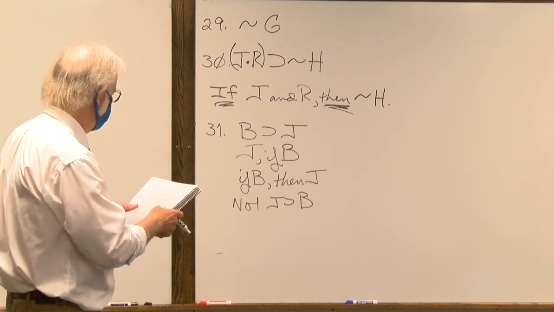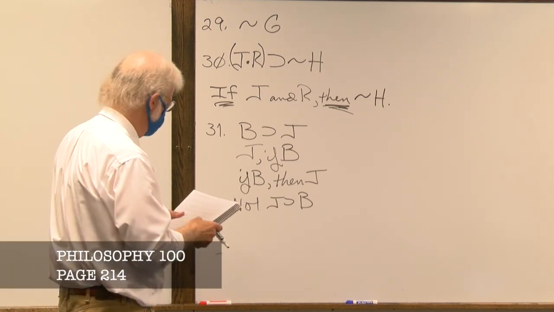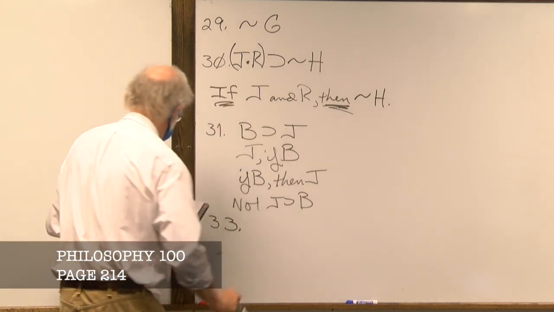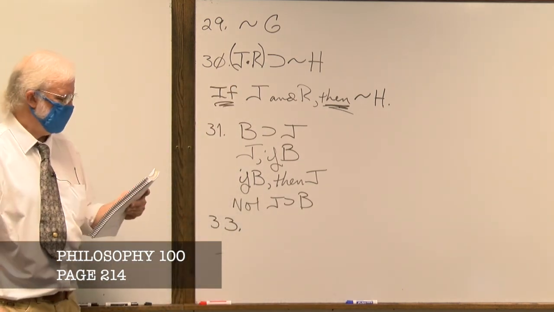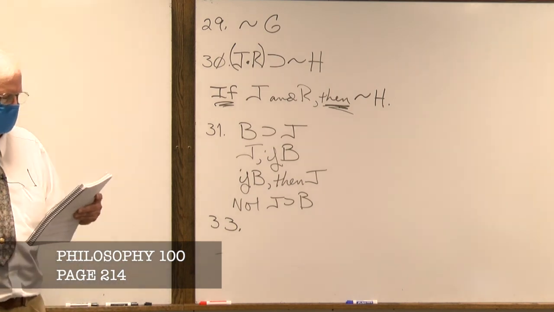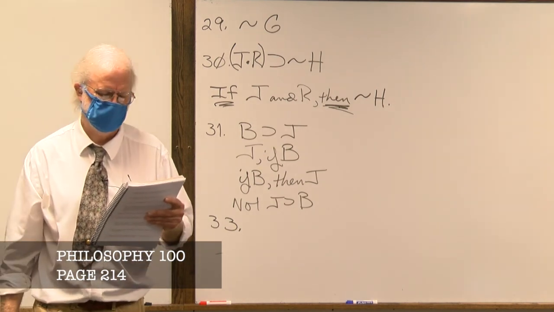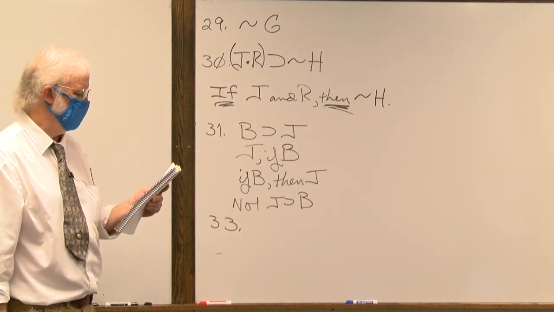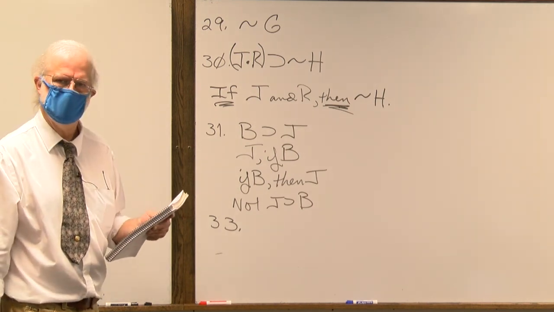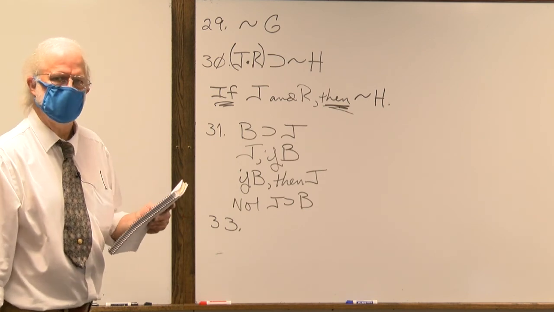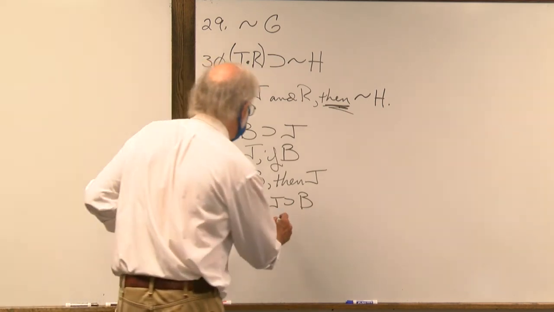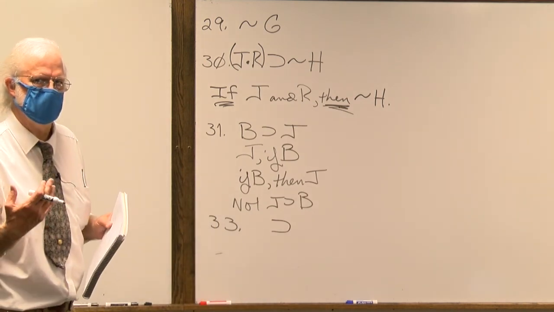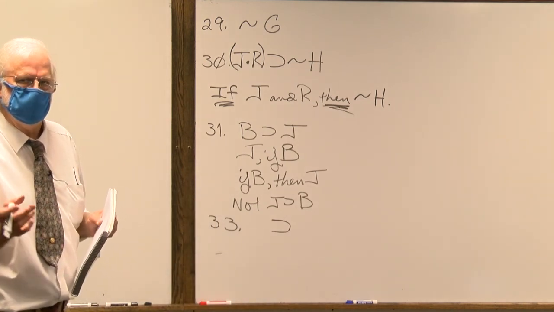Going up to 214 here, number 33. If God does not exist, then all things are permitted. G means God exists, and P means all things are permitted. Now, it's pretty obvious that the main connective here is going to be the horseshoe that represents the phrase if then.